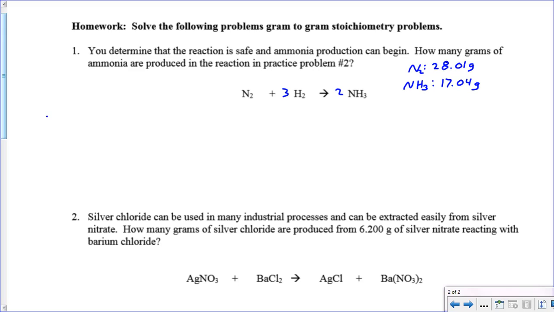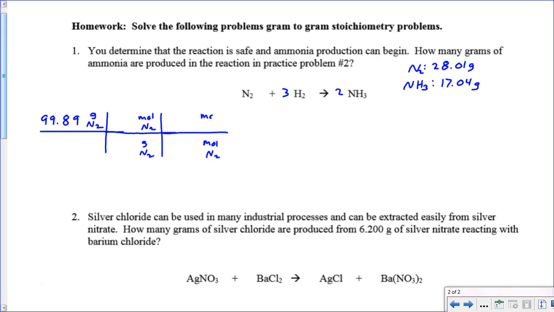So we start again with 99.89 grams of N2. Our hope is to cancel out grams of N2 and get into moles of N2. And then after that, we want to cancel out moles of N2, because we go from moles of N2 to the moles of the other substance we want. In this case, we're trying to get into moles of NH3.